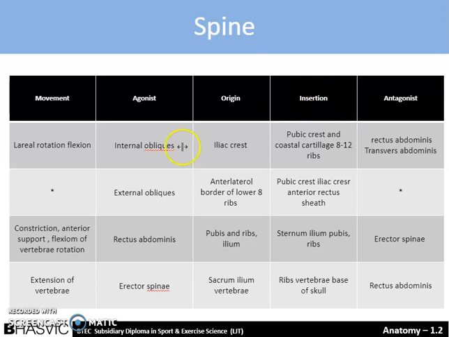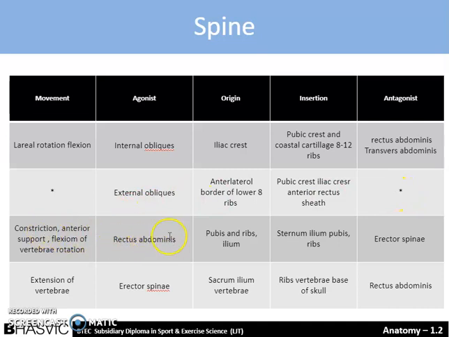The insertion of the internal obliques is the pubic crest, the costal cartilage, and ribs 8 to 12. The external obliques also insert at the pubic crest, but the iliac crest and the anterior rectus sheath are the insertion points. The antagonists of the internal obliques are the rectus abdominis and the transverse abdominis, and this is the same for the external obliques.